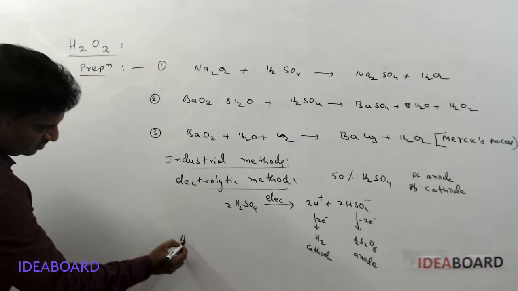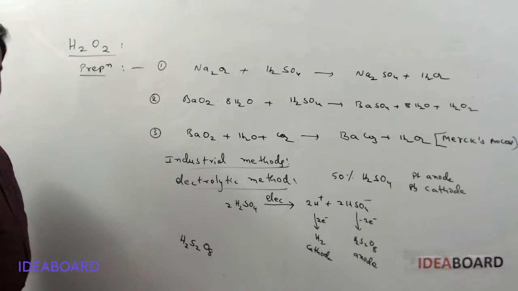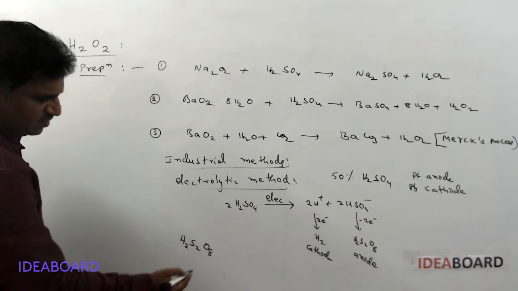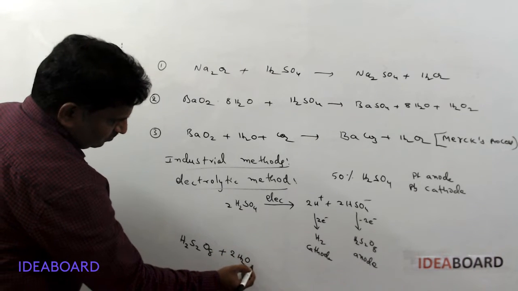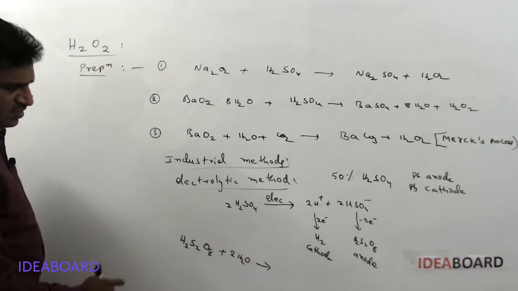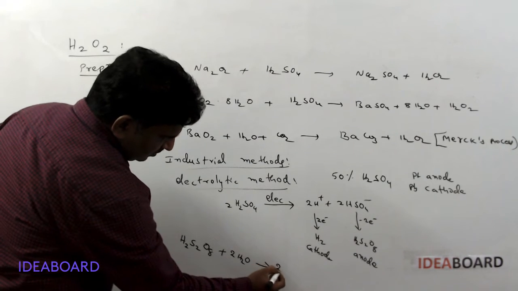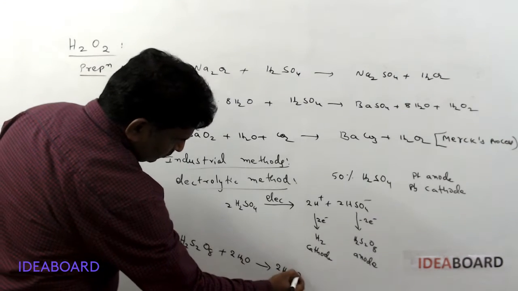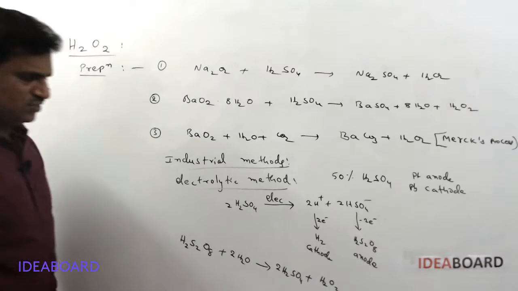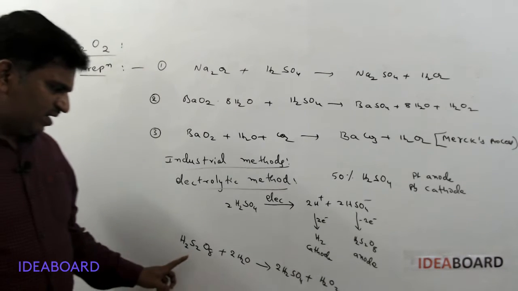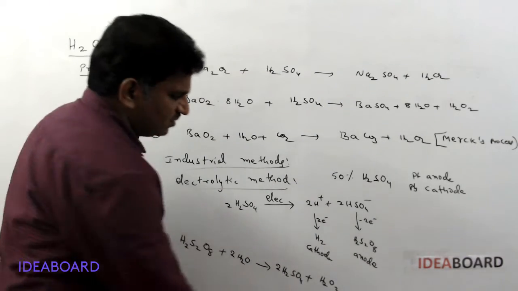And in the next step, this perdisulfuric acid, which is formed in this process, is treated with water. Whenever it is treated with water, perdisulfuric acid reacts with the water and forms 2H2SO4 plus hydrogen peroxide. So perdisulfuric acid on treatment with water gives sulfuric acid and hydrogen peroxide.